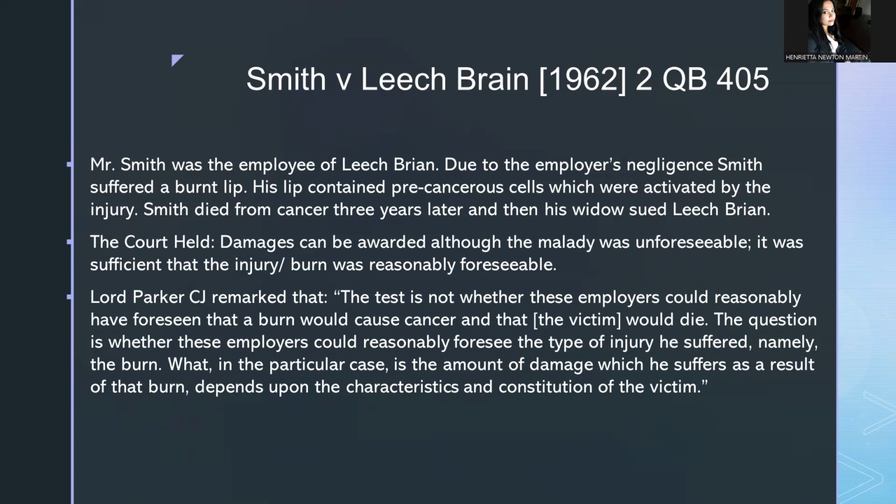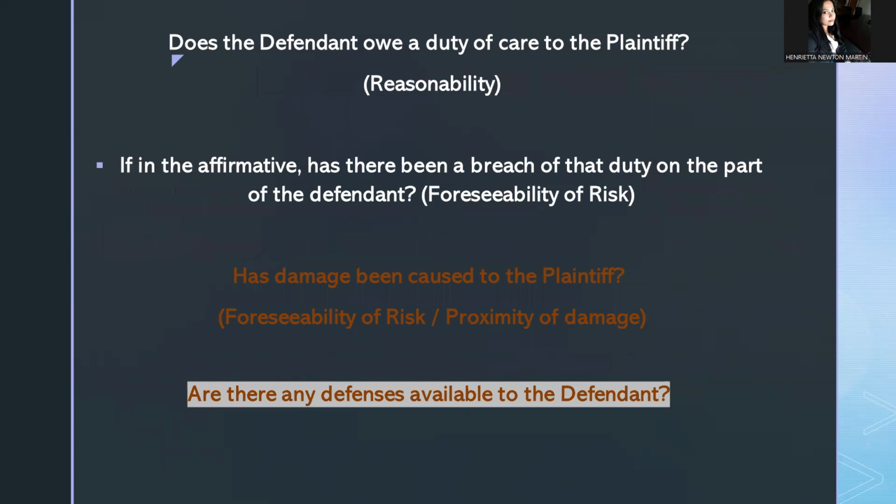That means it depends upon the person's body, the person's physical strength, or the medical state of a person. So it's not the question of cancer, but it's a question of that he has faced that burn and he has suffered that burnt lip. So that is a question whether the employer could foresee that burn could take place or not.